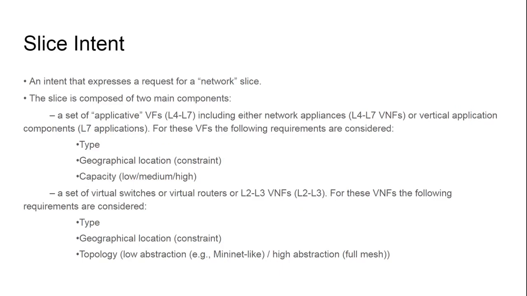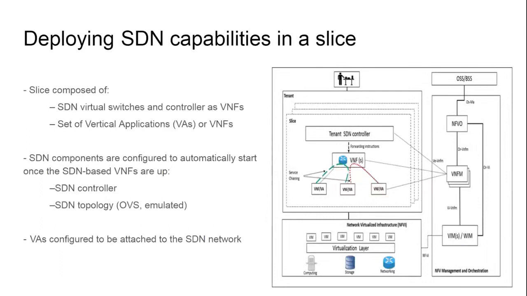The slice also contains an SDN controller, which is used to manage these virtual switches. So with regard to the HC architecture that I showed before, the slice is deployed within the tenant domain. You can see here that this is one of the slices that can be deployed using our intent.